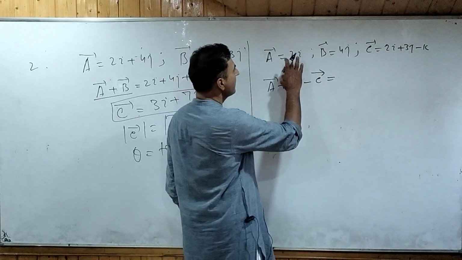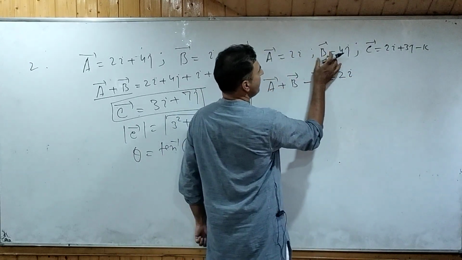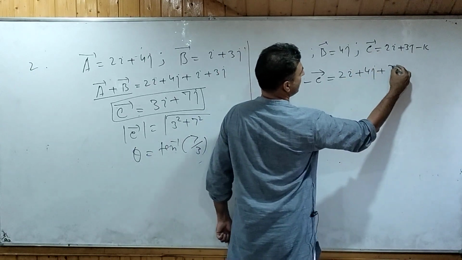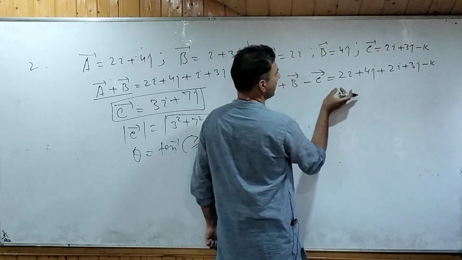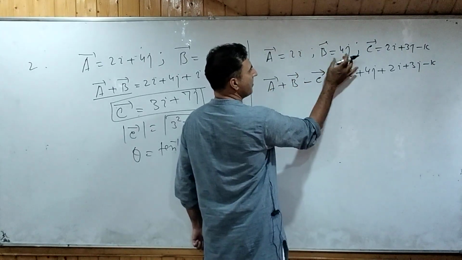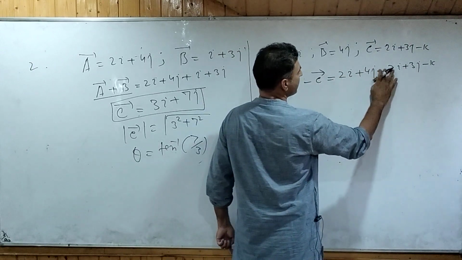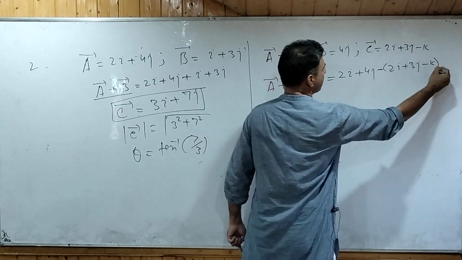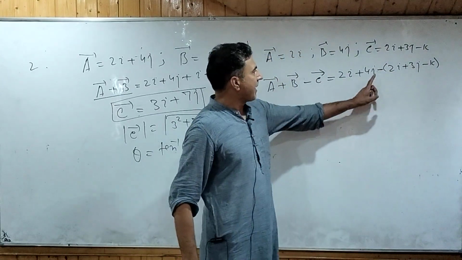So how is that? 2I here for A, and for B it is 4J, and for C it is 2I plus 3J minus K. So simple. For A this, for B this, for C this. For C I have to write a negative sign here and put this in brackets because the negative is to be multiplied to every part inside the brackets.